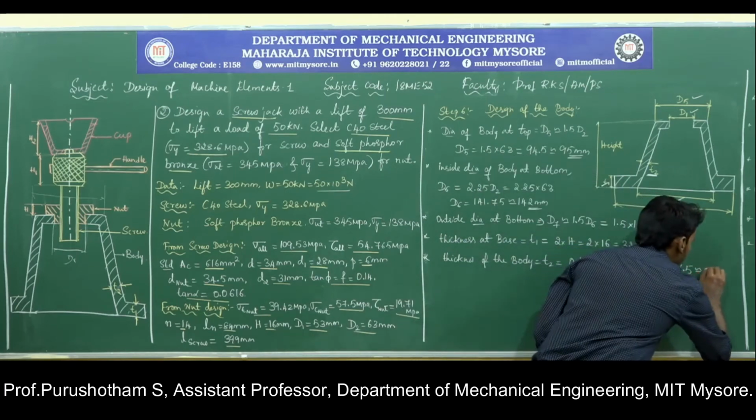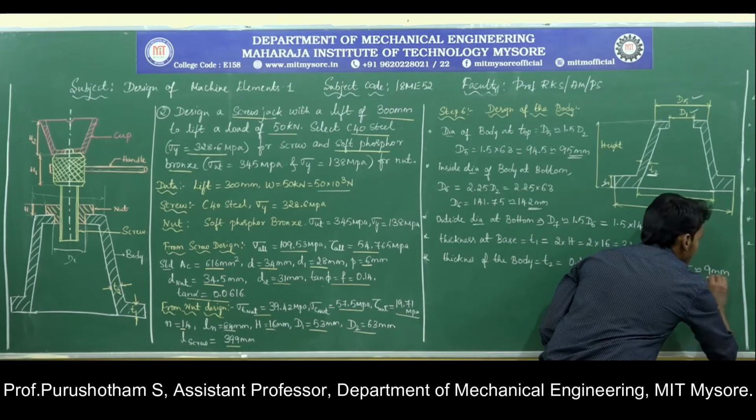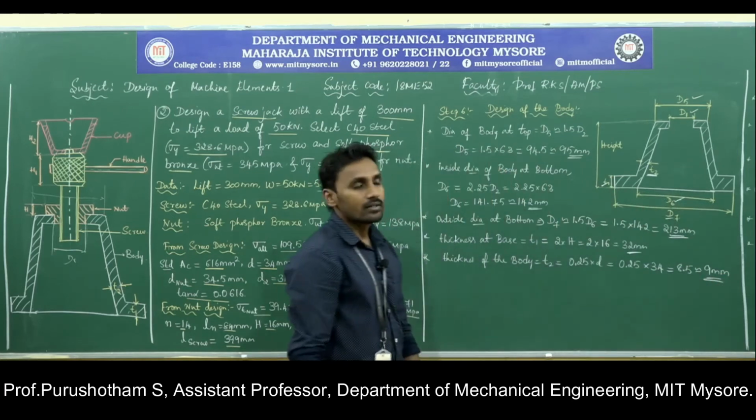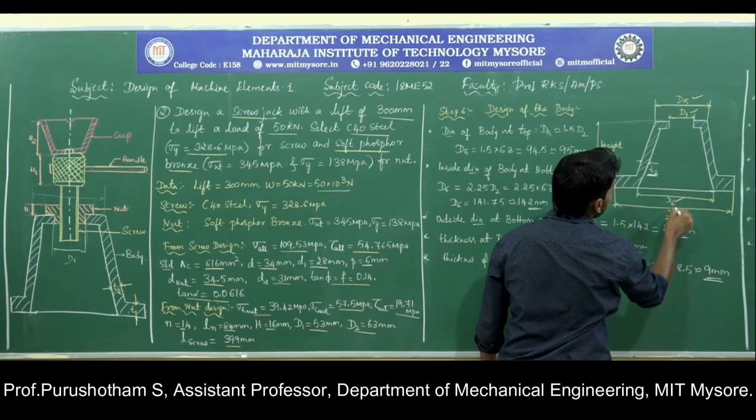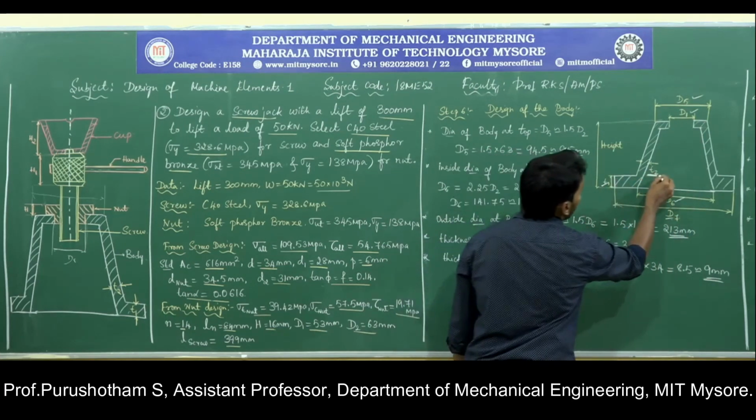I am going to take the whole number, that is 9 millimeter. So from this we calculated D5, D6, D7, T1 and T2.